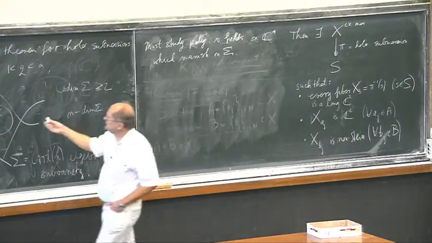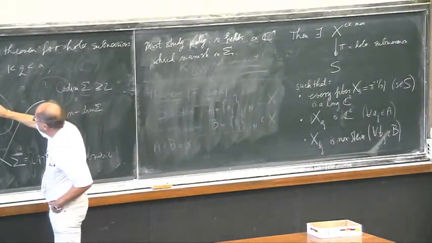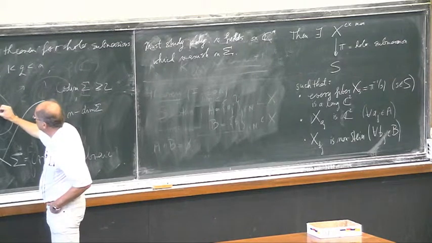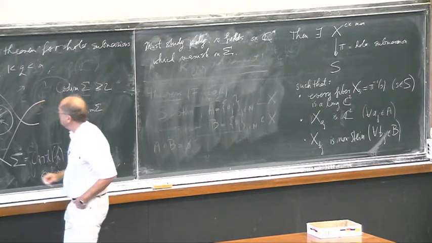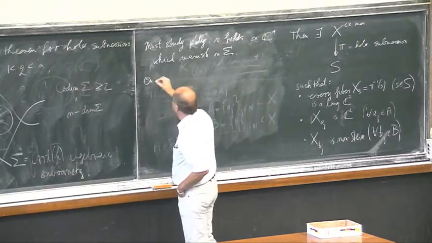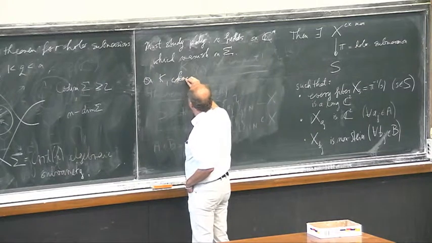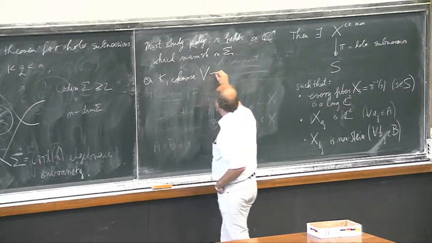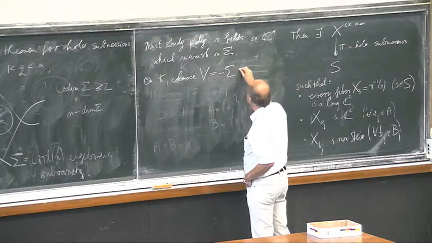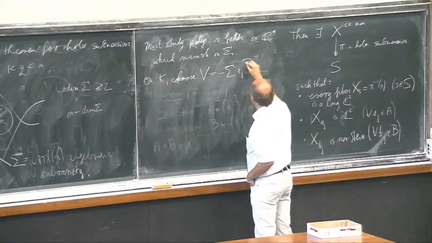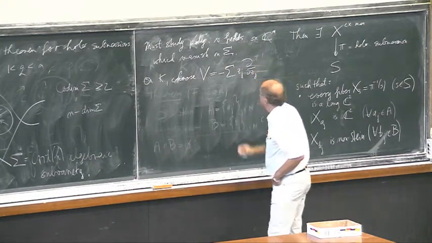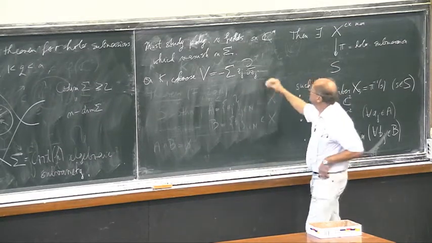So essentially what you'd like to do is something like this. Let's say here I will take a radial vector field which contracts the set towards the origin. So let's say that on K, choose v to be minus the sum of z_j partial on z_j. So it's just a contraction.